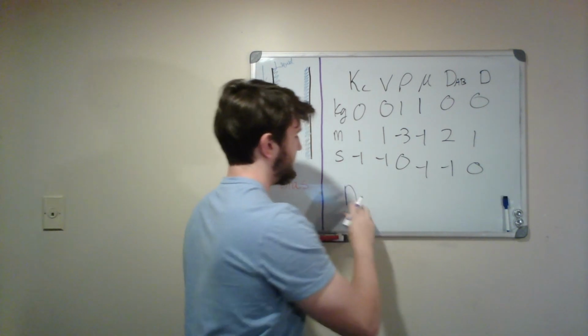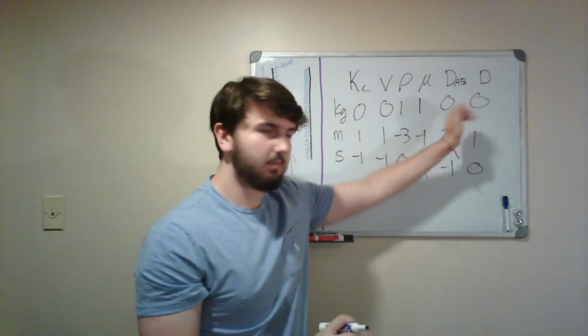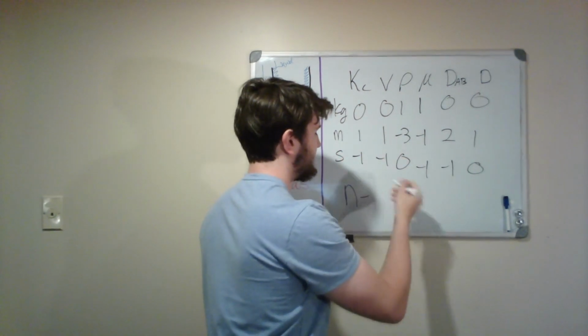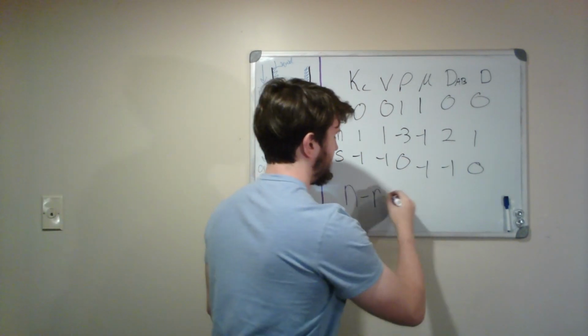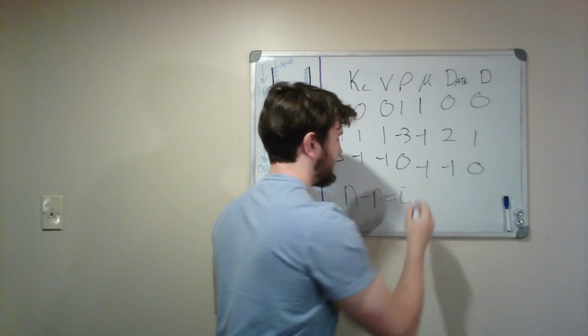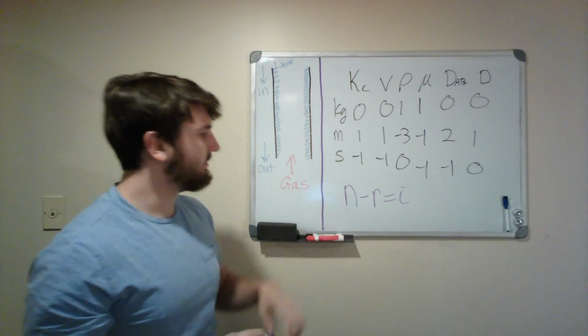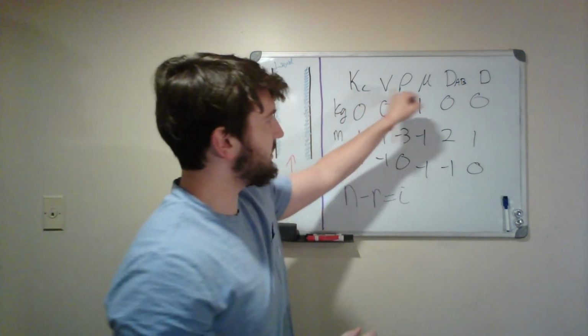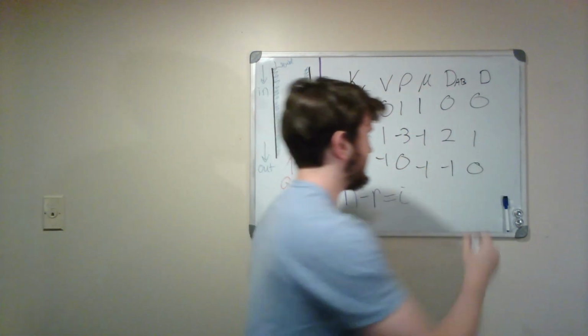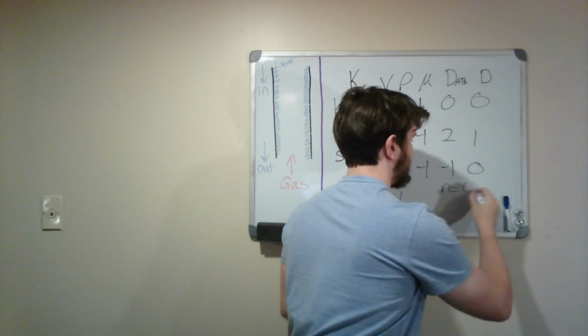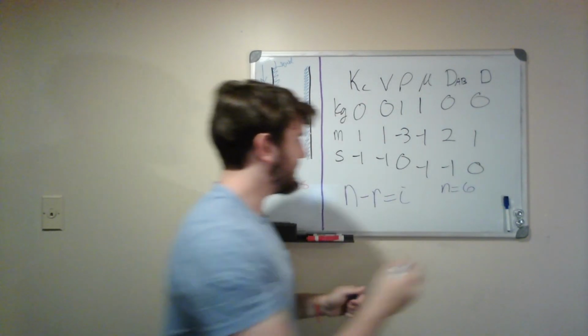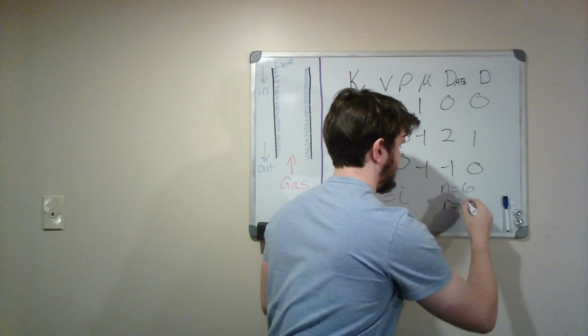So we have n as the number of variables that we're using minus the rank is equal to the number of dimensionless groups involved. We already have n because we know that we have 6 variables up here. So n is equal to 6. But we don't know the rank.